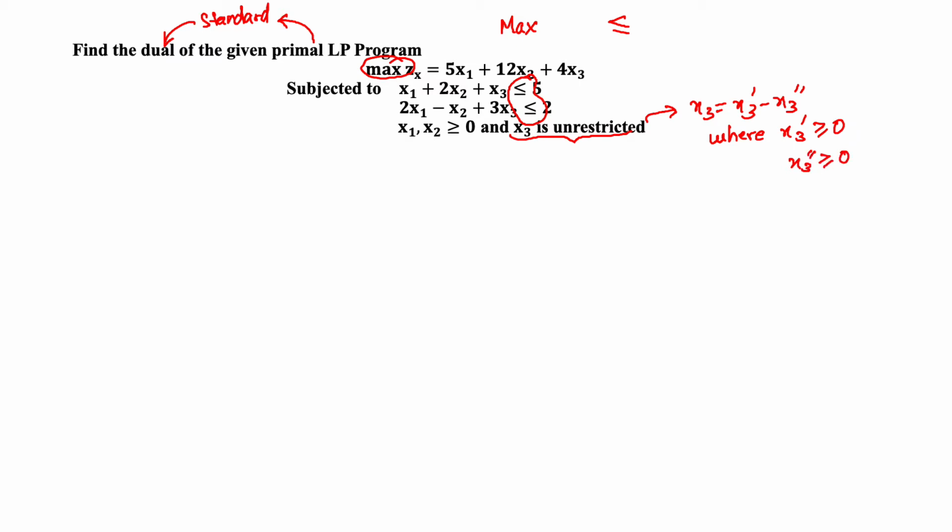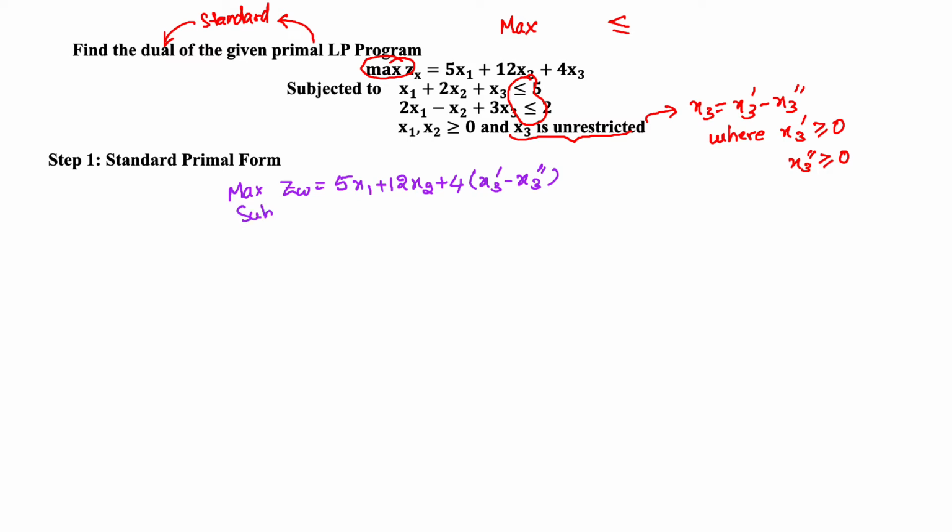Okay. So to get the standard LP form, the maximization function will remain the same, that is Zx equals 5x1 plus 12x2 plus 4x3. Now we will replace x3 with x3 dash minus x3 double dash. Okay.